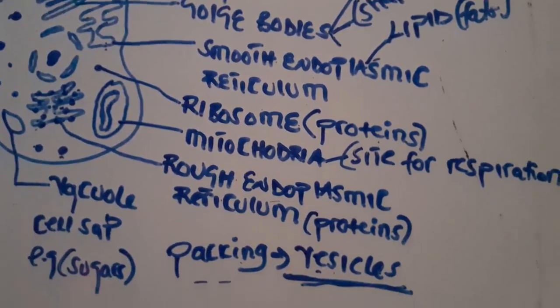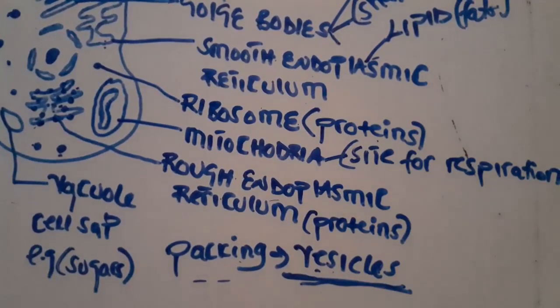So dissolved materials are stored in the vacuole. The vacuole contains a structure called a cell sap, which keeps dissolved materials, e.g. sugar and other dissolved materials, which can be salt and the other examples that you may give.